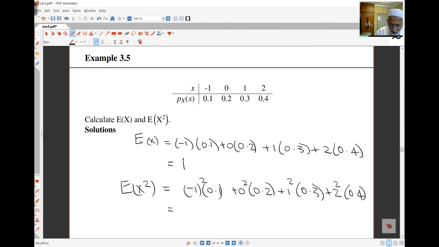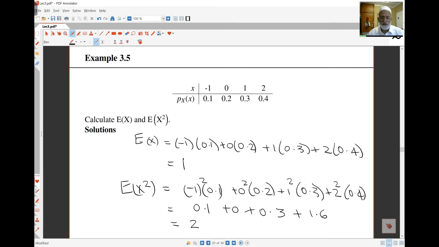So -1 squared is a 1, so this is 0.1. That is a 0. 1 squared is still 1, so that's 0.3. And 2 squared is 4, so that's going to be 1.6. And this comes to 2. So you can see the process of how this works.